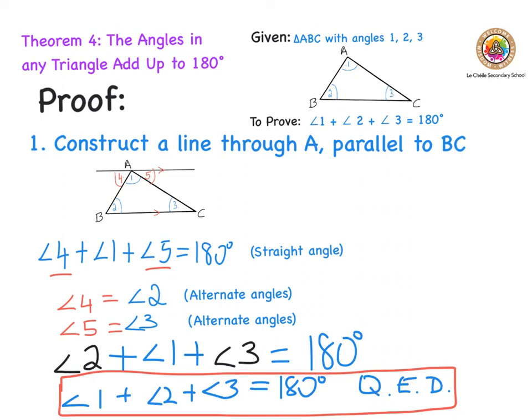And that's QED, quite easily done, or quod erat demonstrandum. So it means that we have proven, we have demonstrated what we were meant to. Okay, so pause that and get it all written into your copy. Again, this is one of the formal proofs that for higher level junior cert maths, you have to be able to write out should you be asked in your examination.